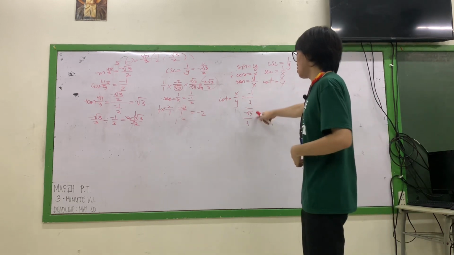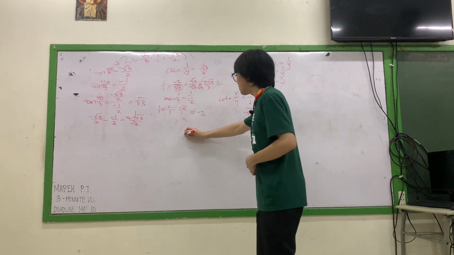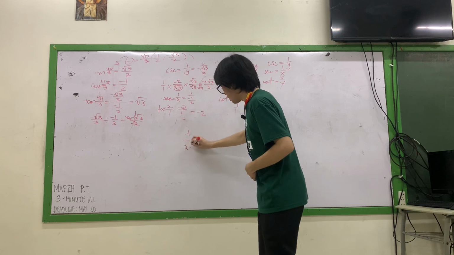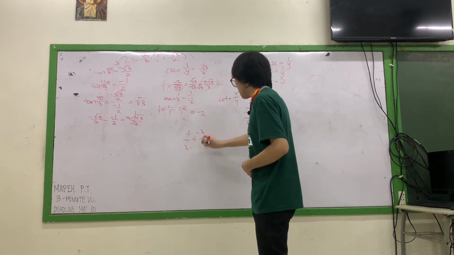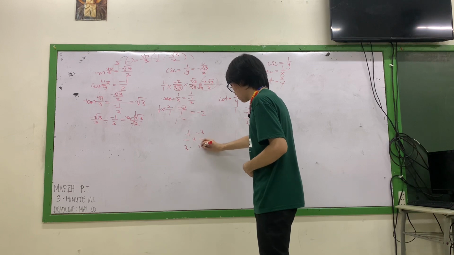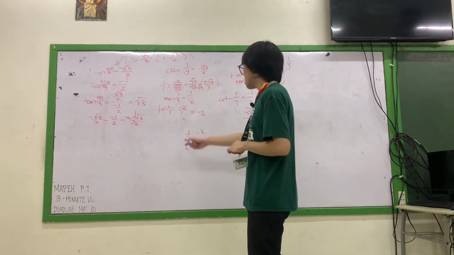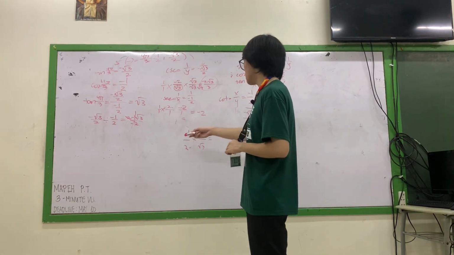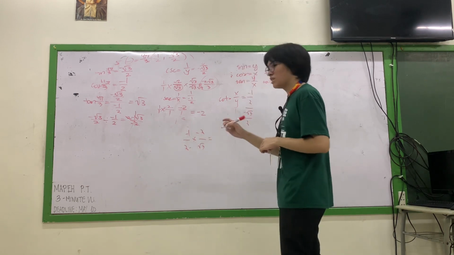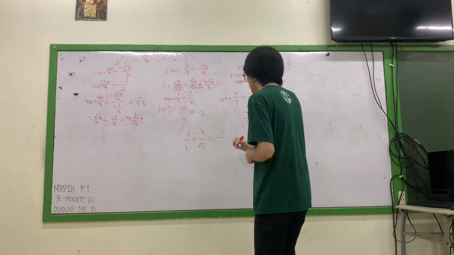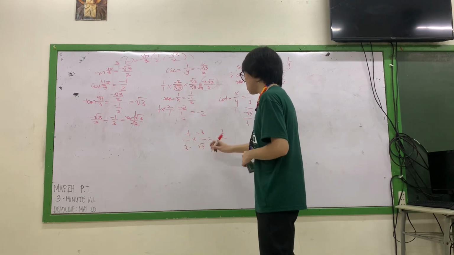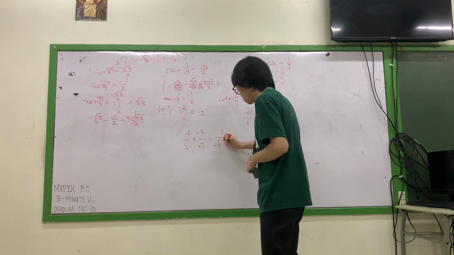Again, division of fractions, we copy the numerator and find the reciprocal of the denominator, which is 2 over negative square root of 3. Now we can multiply negative 1 times 2, which gives negative 2 over negative 2 square root of 3. Because it's a negative over a negative, this will turn into positive 2 over 2 square root of 3.